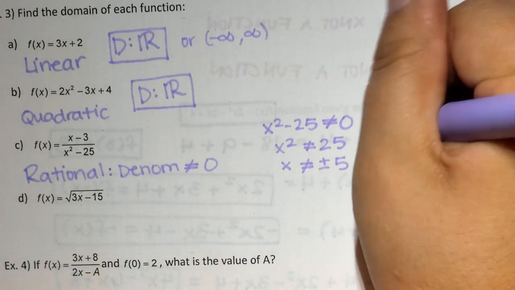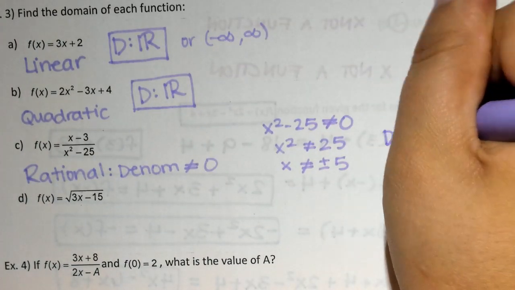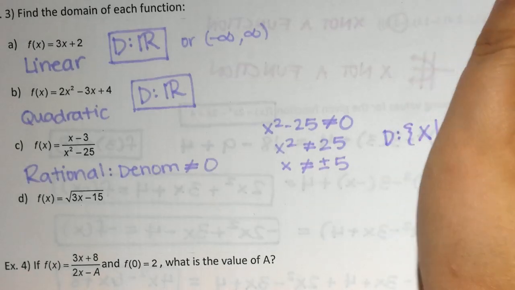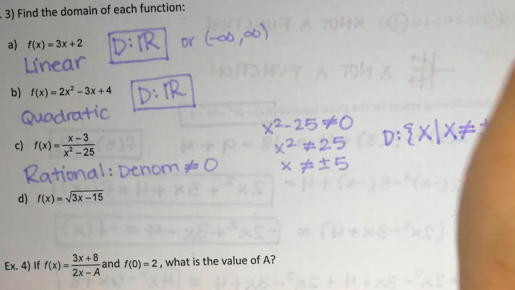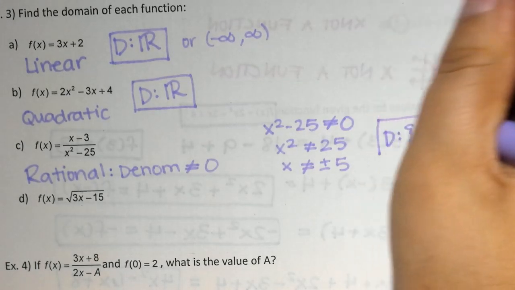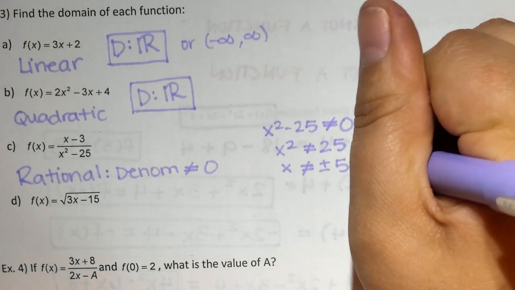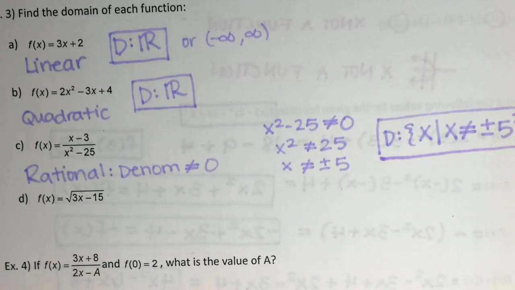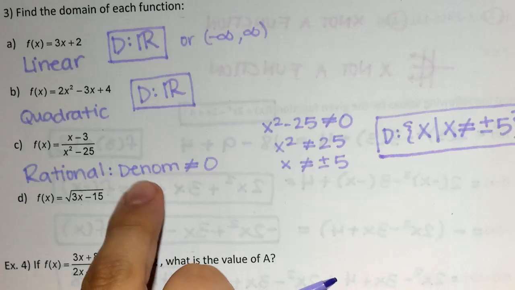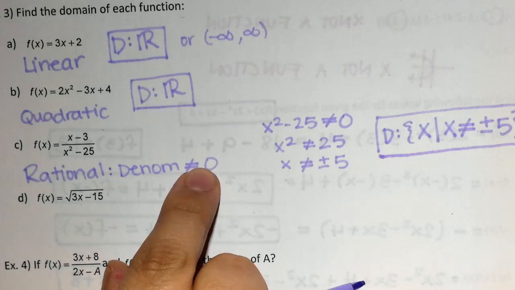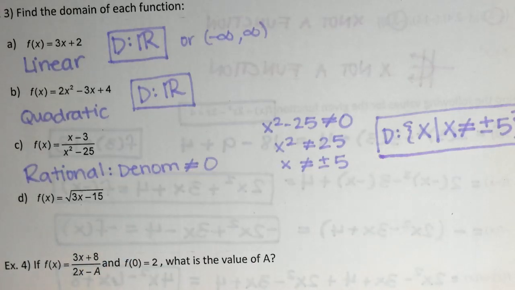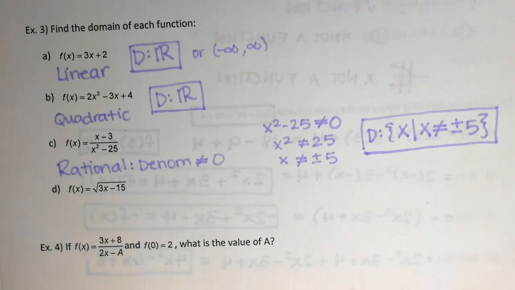So what is our domain? x such that x does not equal plus or minus 5 is how I would write it if I were you. All you have to memorize is the denominator does not equal 0. If you have a fraction, the denominator does not equal 0.